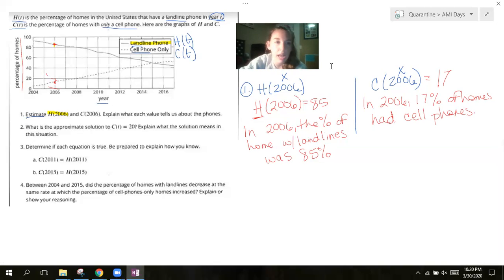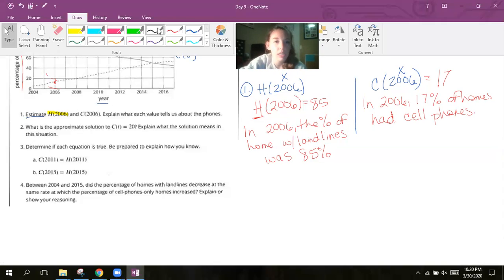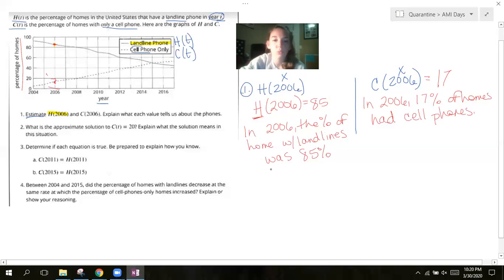Now let's look at number 2. It says, what is the approximate solution to C of t equals 20? So unlike the ones up here where it gives us a number inside the parentheses, they didn't give us the year.